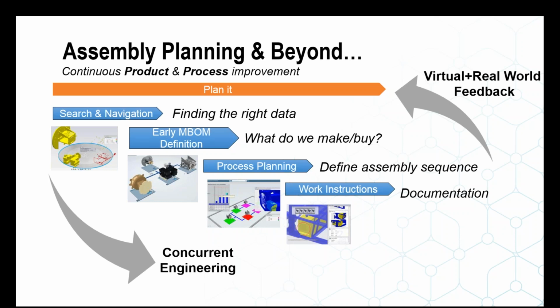Manufacturing bill of material definition is going to help us group the design parts in such a way that it reflects the actual manufacturing processes involved.